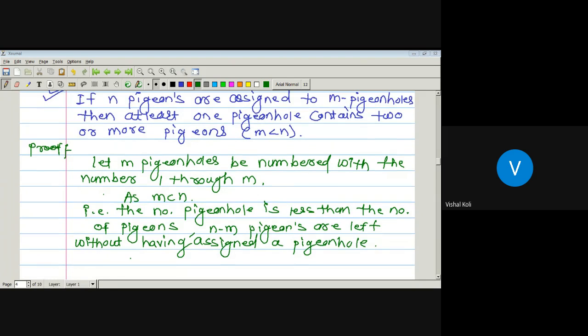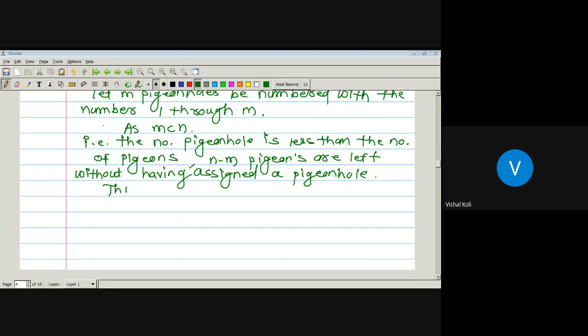Thus, from this we conclude that at least one pigeonhole will be assigned more than one pigeon.